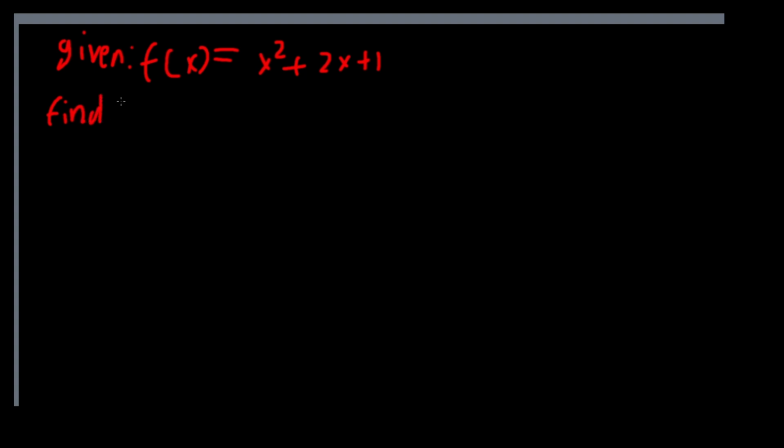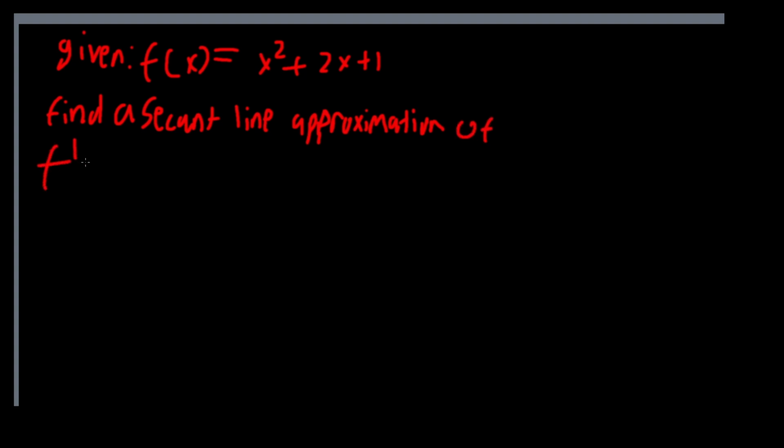Find a secant line approximation of the instantaneous rate of change of f at x equals 4.